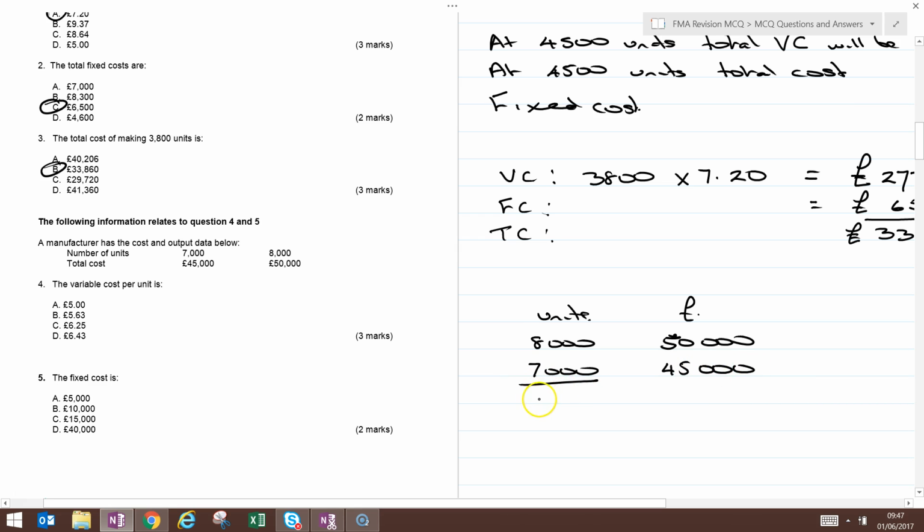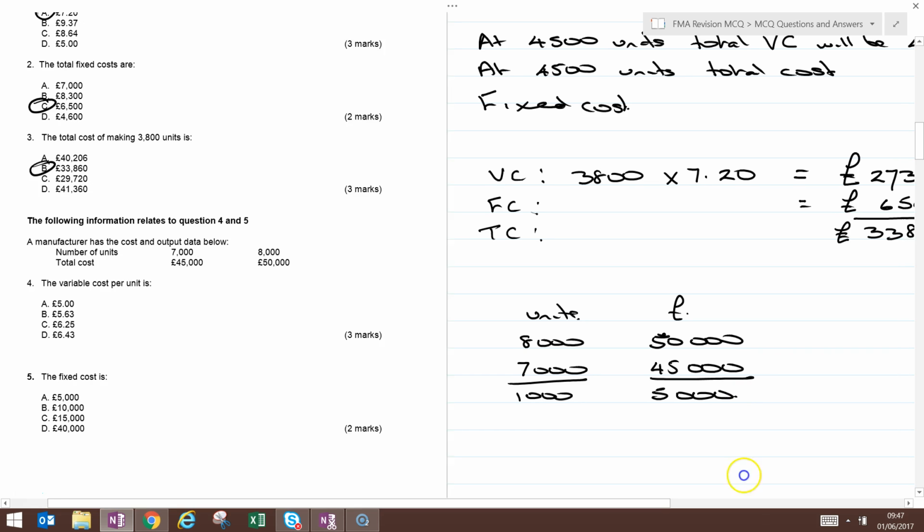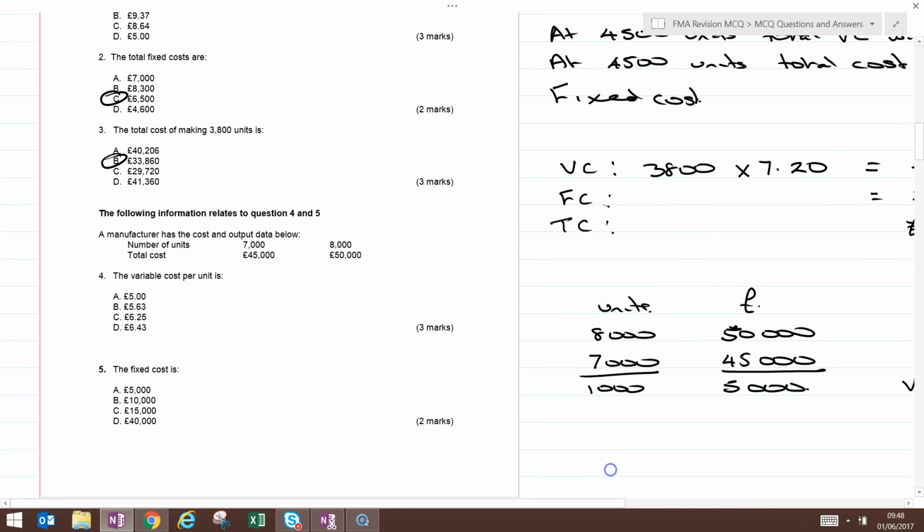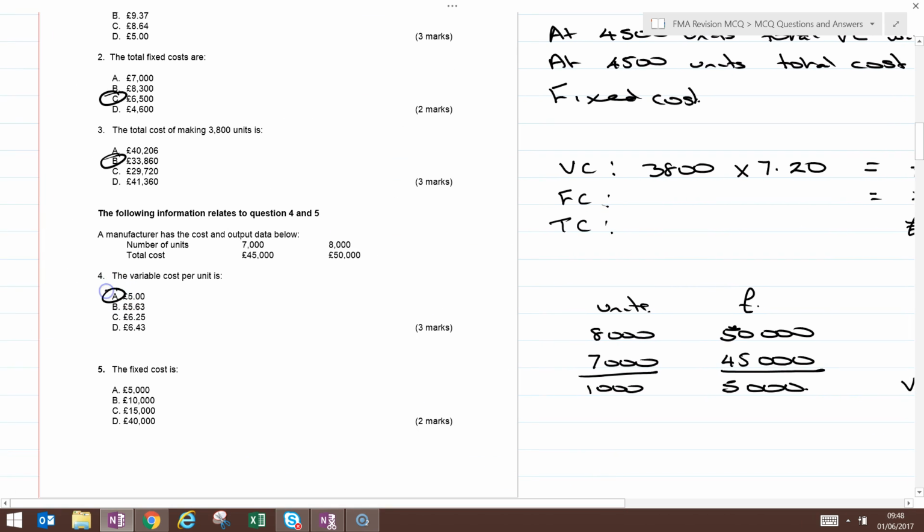Take them away. And remember, the variable cost is the change in the costs divided by the change in the units. So the variable cost is £5,000 divided by 1,000, which means it is £5 a unit. So answer A.